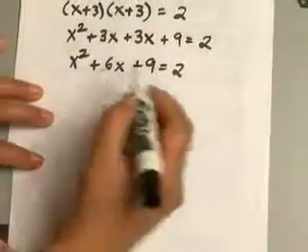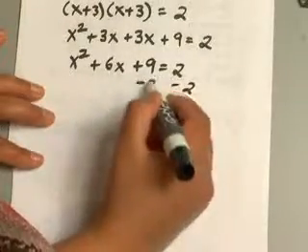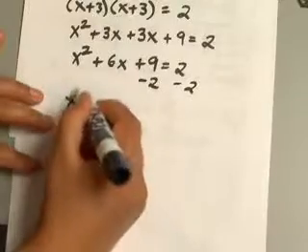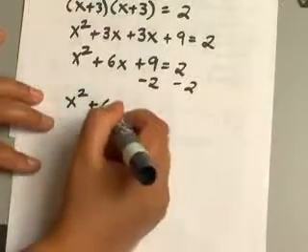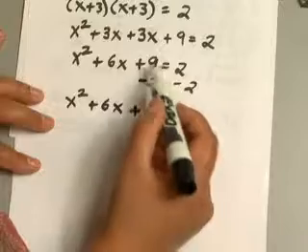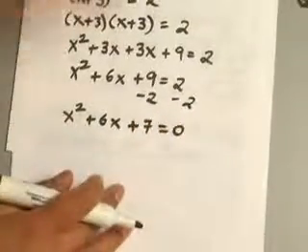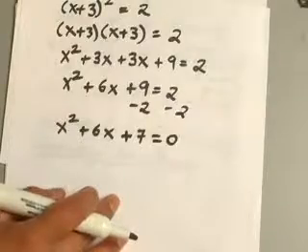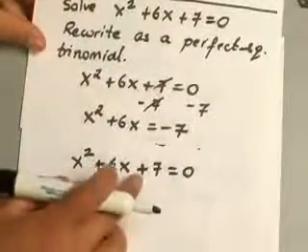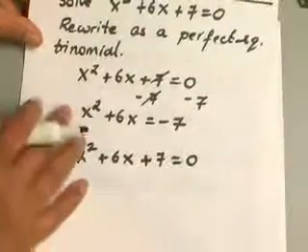Now we want to see if we can come back to the original equation, so we subtract 2 and bring it over to this side, and you end up with x squared plus 6x plus 9 minus 2, which is 7, and 2 minus 2, which is 0.